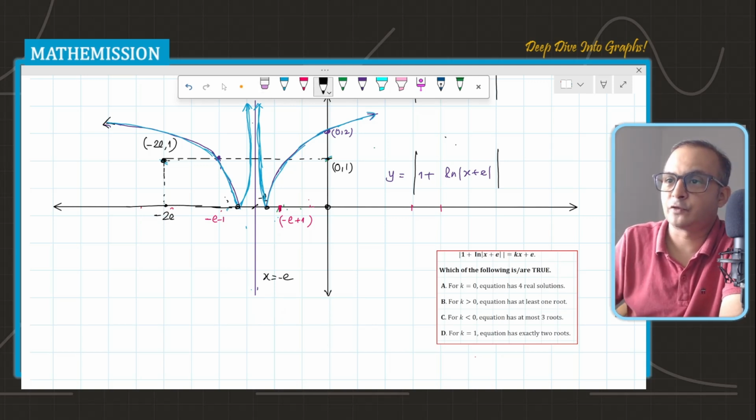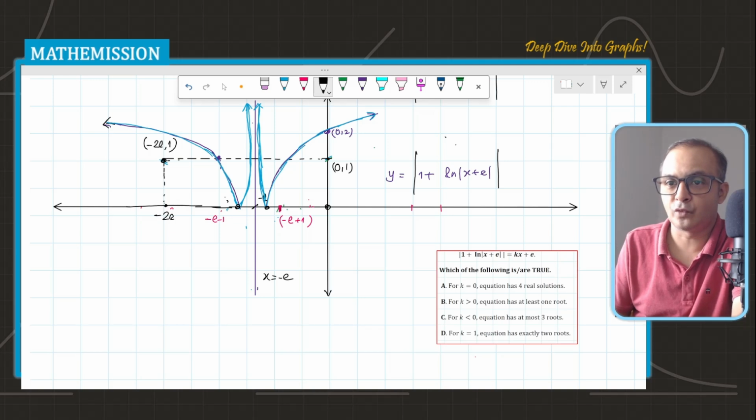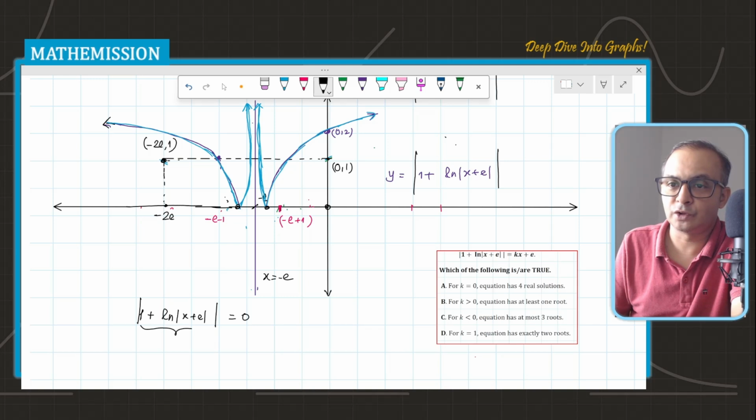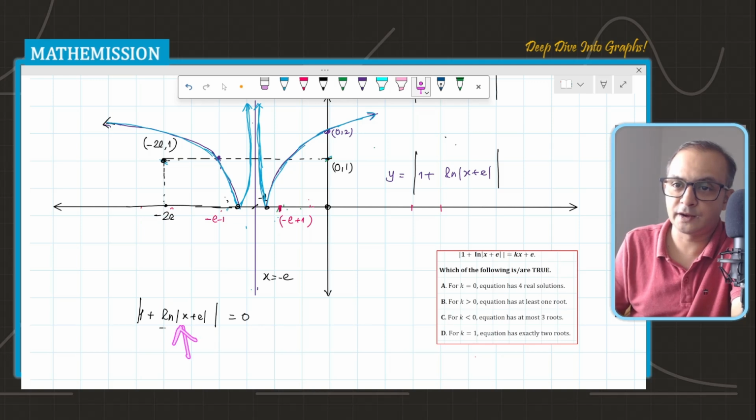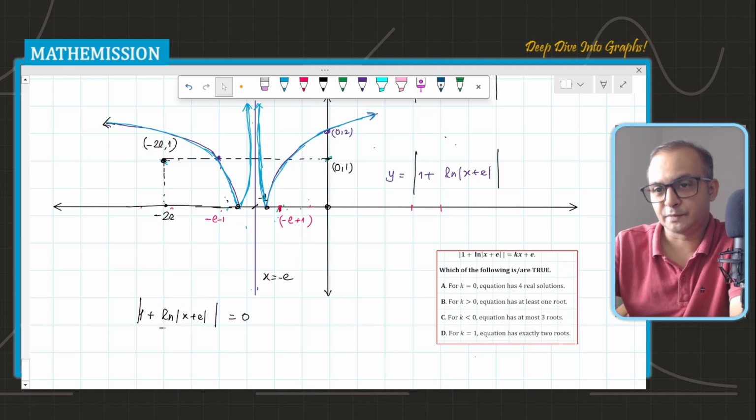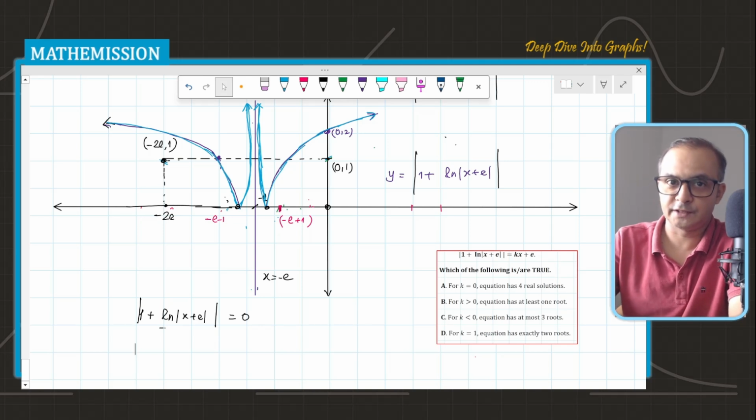I am looking for such a value of x where this 1 plus log of mod x plus e becomes 0. It means I'm looking for values of x where the log part will become minus 1. By the way, let me rephrase the question. When will the log of anything become -1?